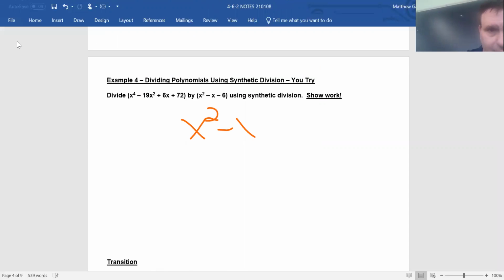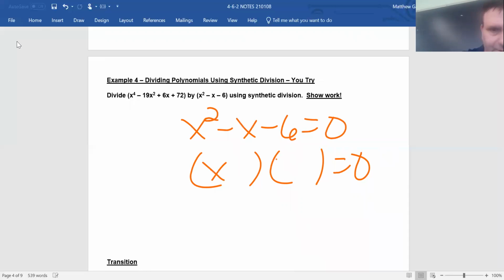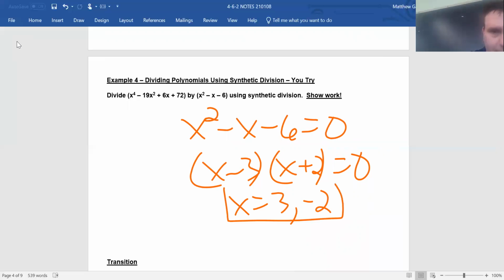But when we set the denominator equal to 0, factors of negative 6 that add to negative 1 are minus 3 and plus 2. So 3 and negative 2 are the excluded values that you're going to use. We'll make that note and then we'll come back and finish this up.